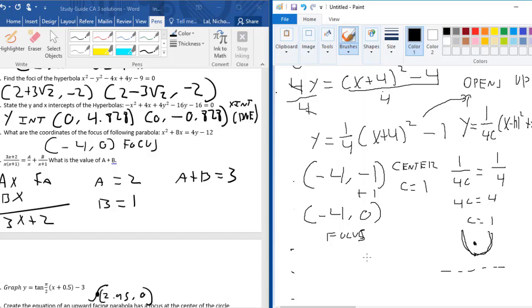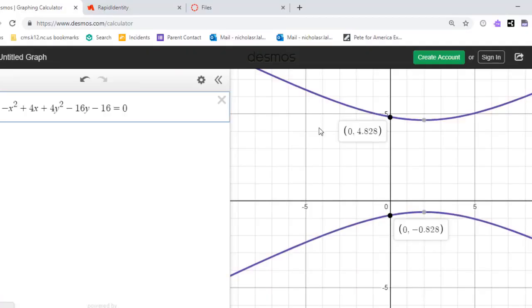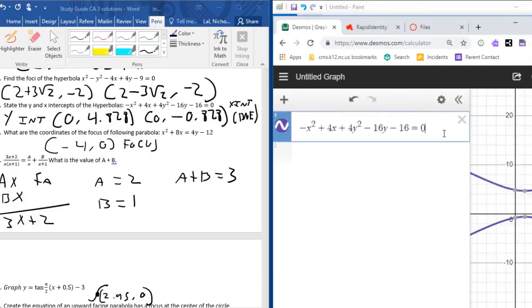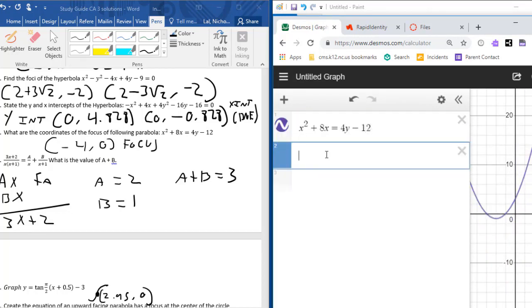One thing that you could do is to just graph the parabola in Desmos, graph the answer choices for your foci, and I can show you. If we want to graph x squared plus 8x is equal to 4y minus 12, and then graph our focus, which is negative 4, 0.